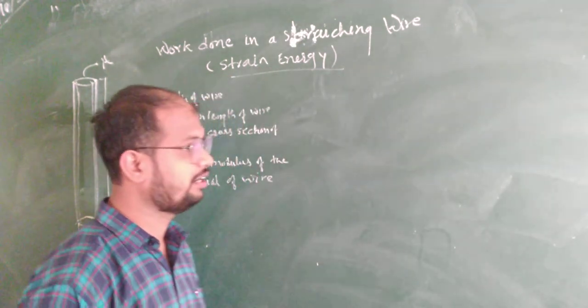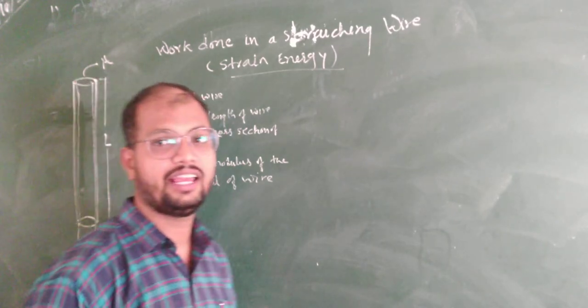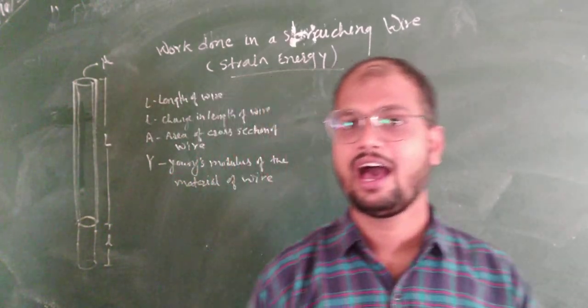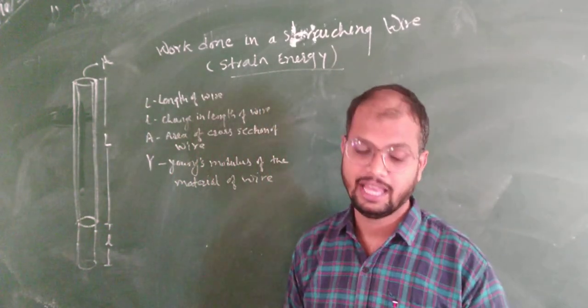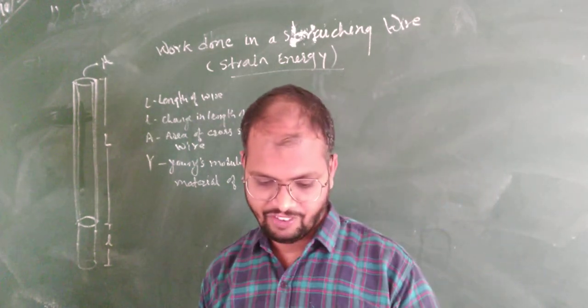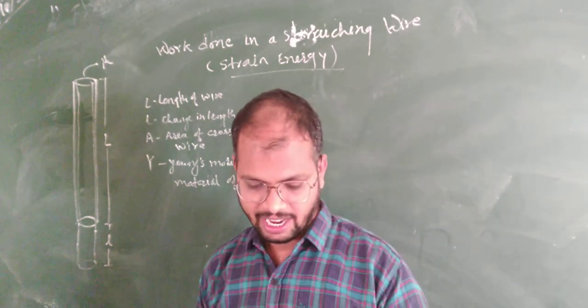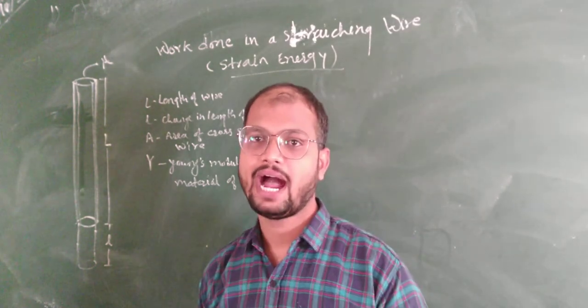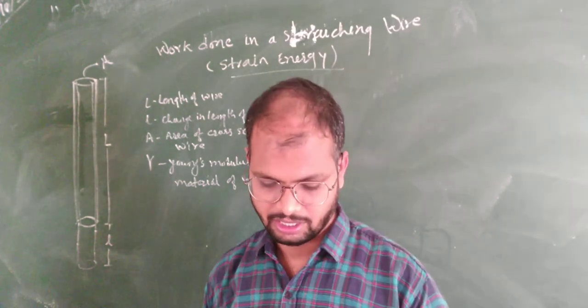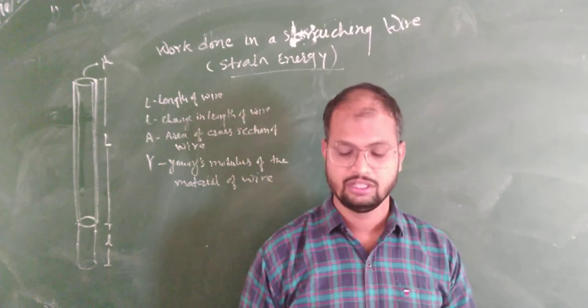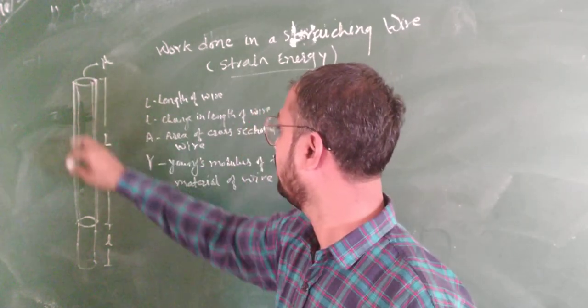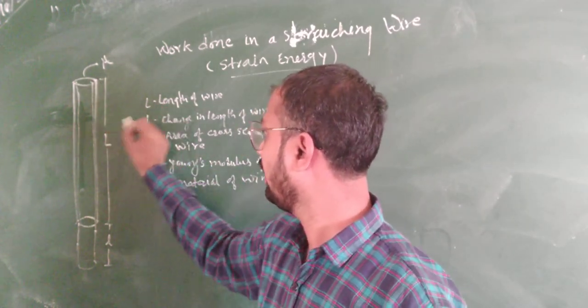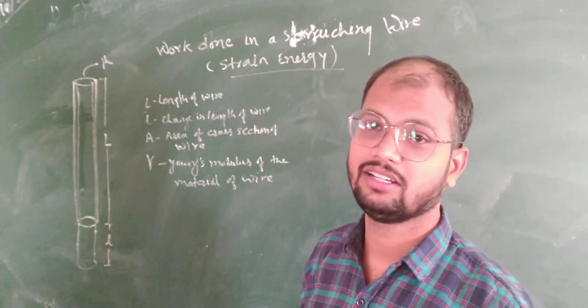So for this we consider an elastic wire of length capital L, fixed at one end, and the other end is being stretched by an external force F. Capital L is the length of the wire.